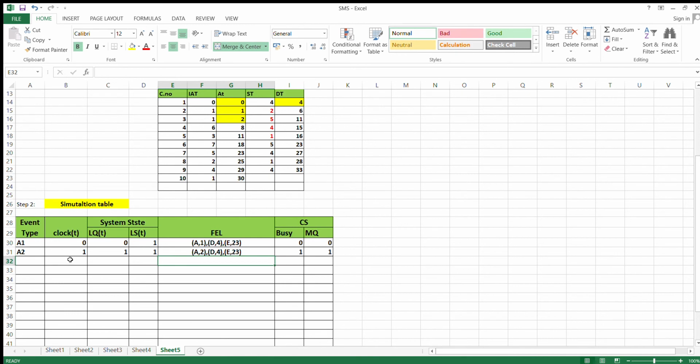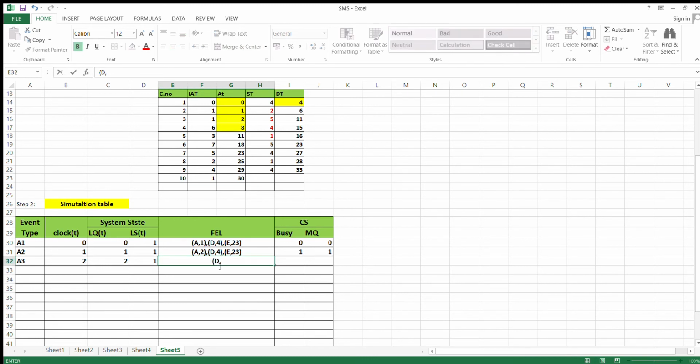So minimum is 2, advance the clock to 2, event type is arrival of the third customer. So A2 and A3 are in the queue, A1 is in service. We removed arrival, which means add arrival.